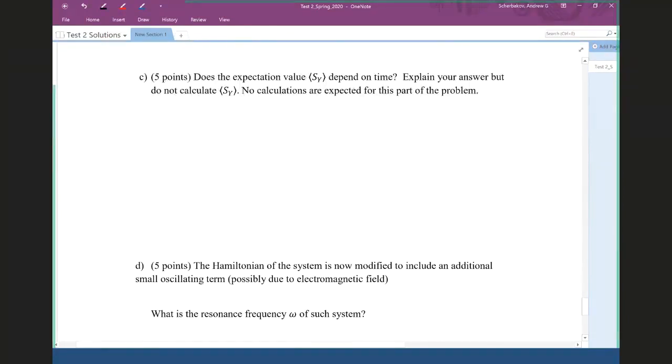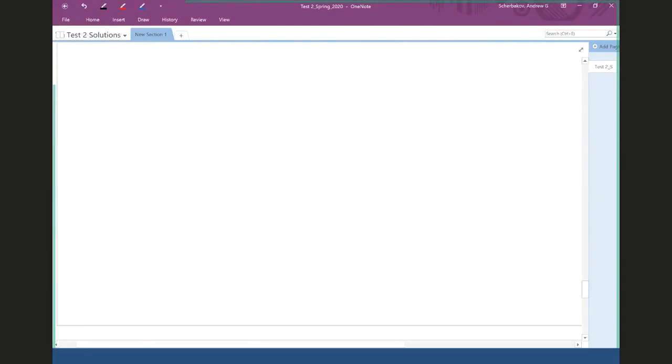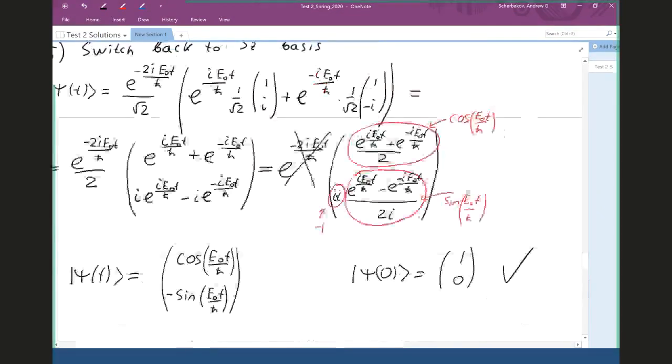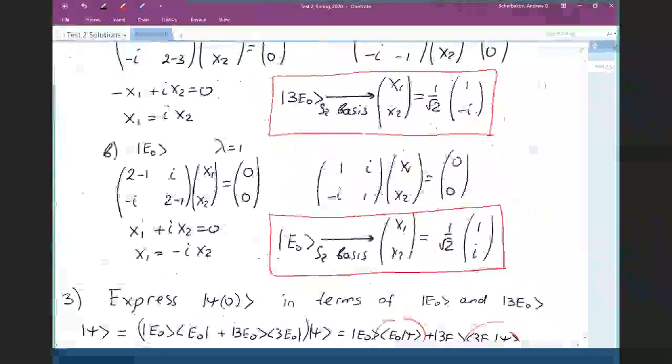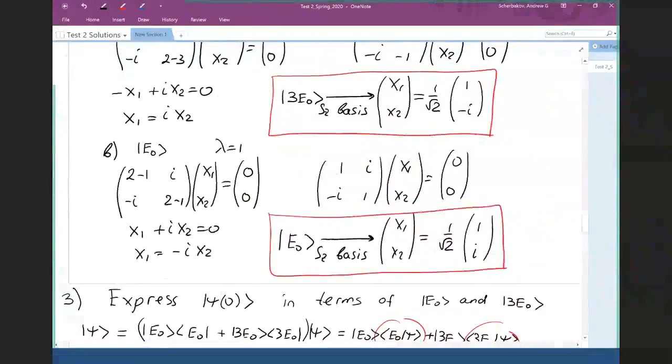Okay, let's go back and look at the eigenstates of the Hamiltonian. Look here. This 3E naught is really what? It's the same as minus y, right? This is the minus y ket in the Sz basis.